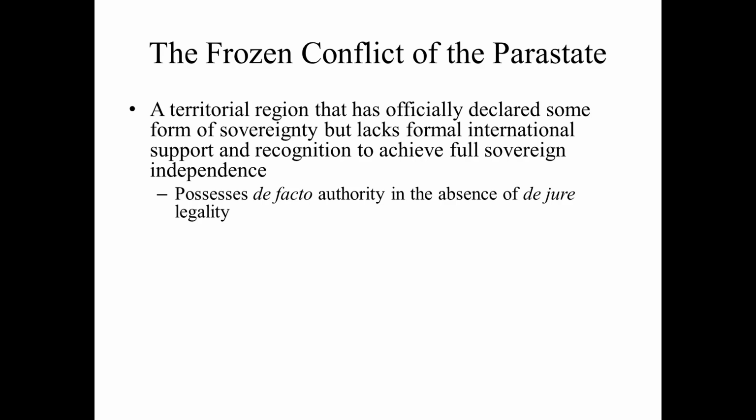The thing is, because a parastate has declared independence and claimed sovereignty in direct violation of another state's existence, the parastate is seen as less than legal, right? Less than legit, because the host state, right, and it's what we call the state that the parastate broke away from, the host state does not recognize that parastate's independence.